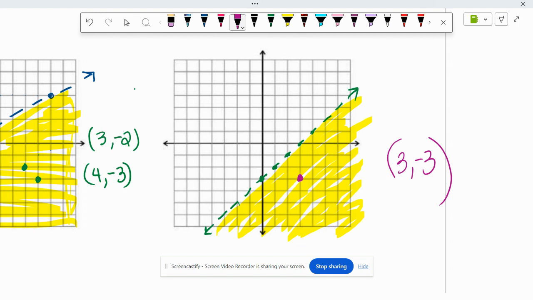Same steps. Identify your slope. Identify your y-intercept. Look at the inequality. Are you shading above, below, solid, or dashed? Everyone should be able to do this.